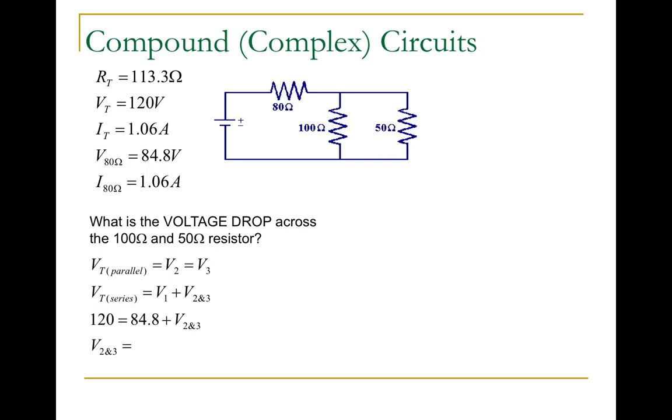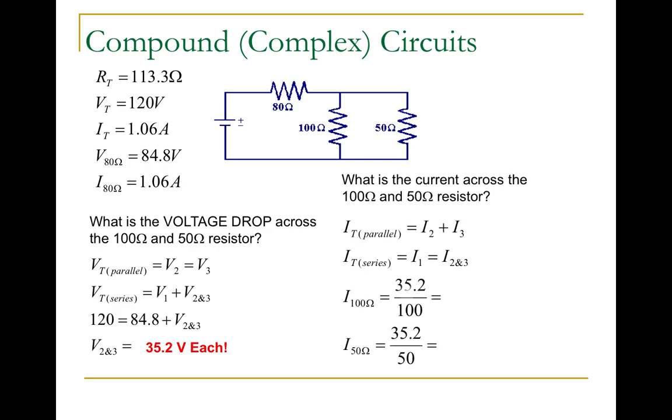So knowing that the 100 ohm and the 50 ohm resistor are wired in parallel, that means that they are going to have the same potential drop. So we can find that, and then we can find the current through each of them.